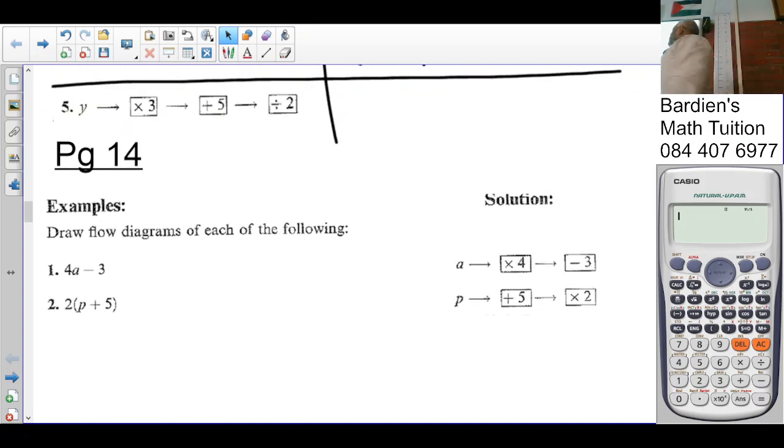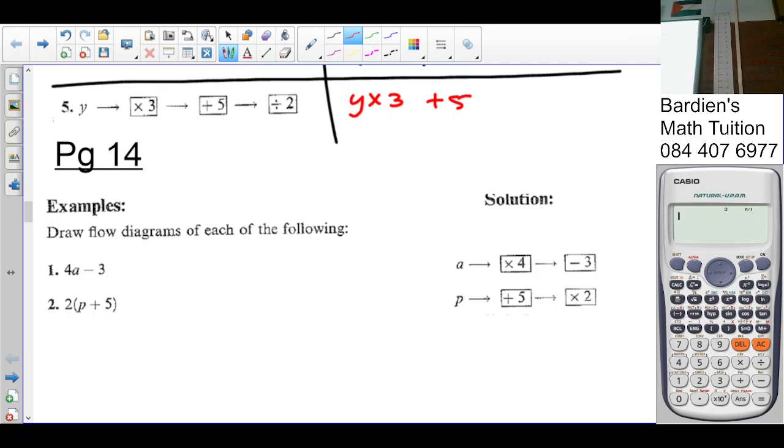Right, number 5. Y times 3 plus 5 divided by 2. Y times 3 plus 5. Do I need a bracket at that point yet? No. Then, brackets, that answer gets divided by 2. Who got that right? Right, what do you have?